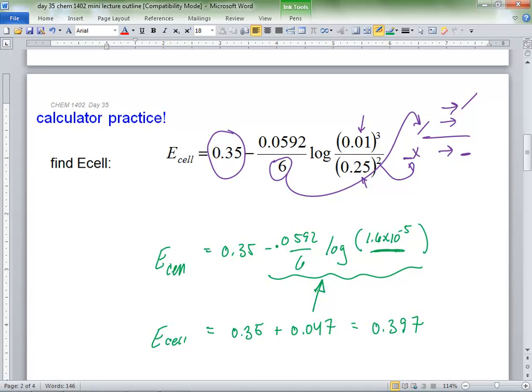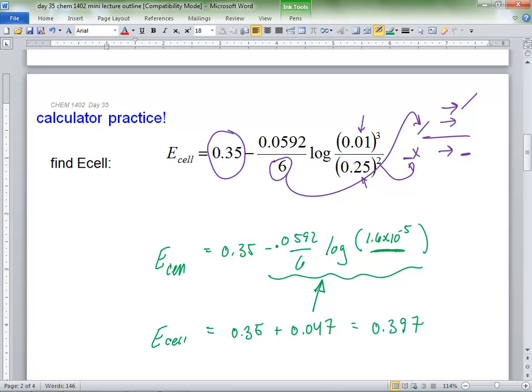And then you got to take it times a negative 0.0592, then divide it by 6. 0.047. So it wouldn't make much sense to make that intermediate steps. So first you get the log answer. And then you do the outside part. Yeah, you have to do the log stuff first. Okay?